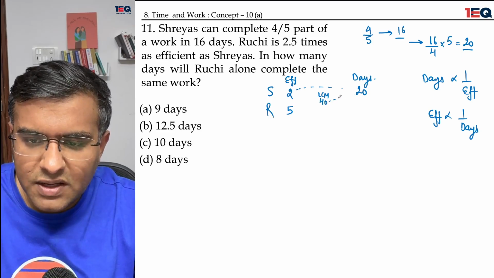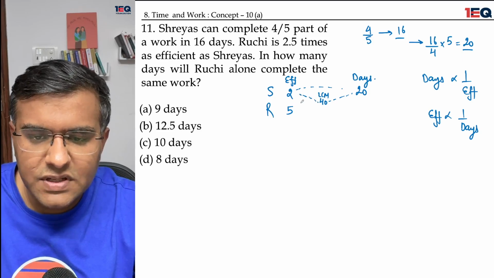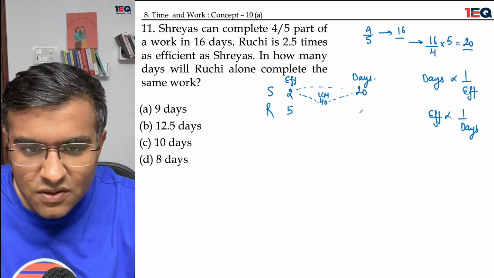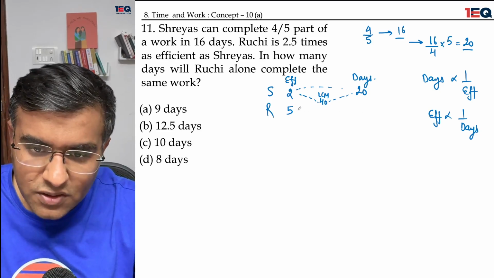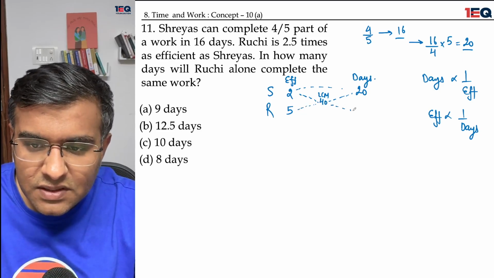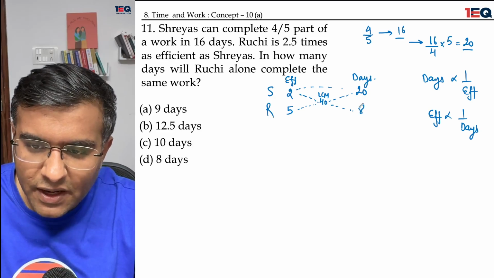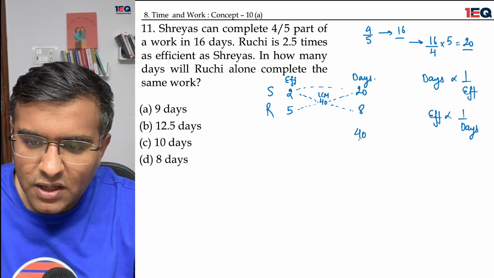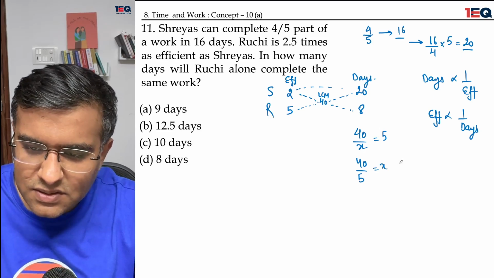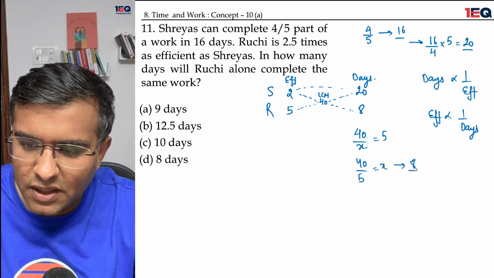If 40 is divided by 20, then the efficiency comes out to be 2. Then the number of days of Ruchi needs to be what so as to get the efficiency as 5? This would have been 8, because 40 divided by x needs to be 5. So 40 upon 5 is equal to x, and the value of x is 8.